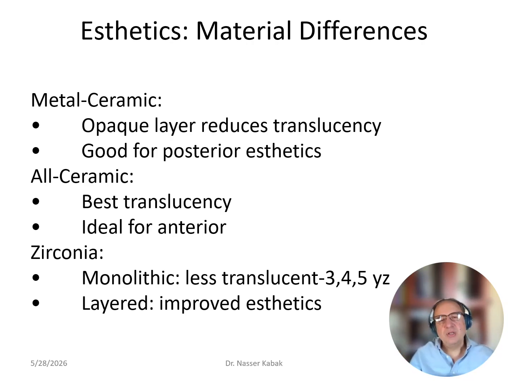In monolithic zirconias nowadays, we have the cubic types of zirconia, which are a little bit transparent. Of course, the flexural strength of these cubic zirconia is less than the tetragonal or the very strong zirconia crowns. They are stabilized with 5 yttrium millimole, but yes, they are more aesthetic.